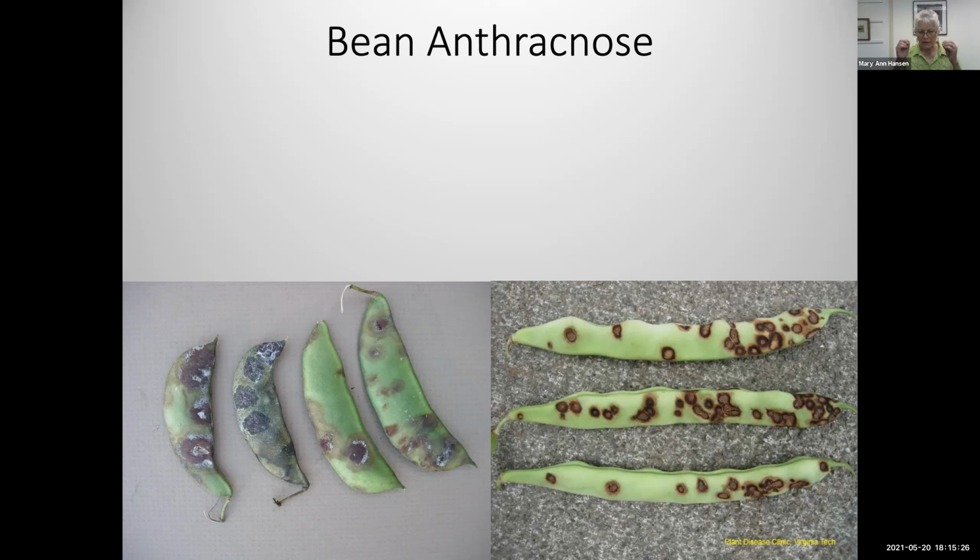So the bean anthracnose pathogen is pretty specific to bean, and you'll get these sunken spots on the pods. We don't really see symptoms on the leaves, but you'll get these horrible looking spots on the pods. And you can also see the spots on the lima beans on the left, not quite as sunken, but on green beans and other beans, you see those sunken spots.